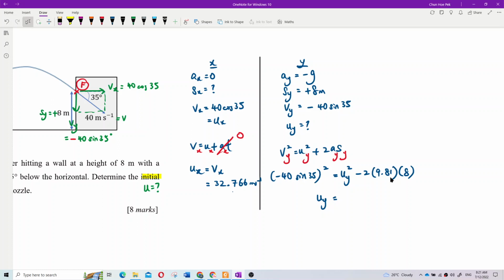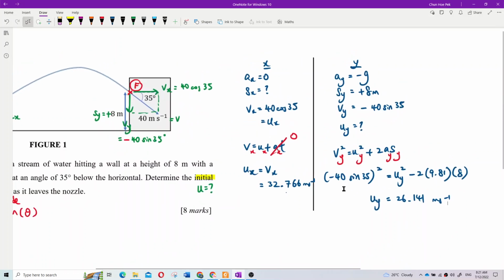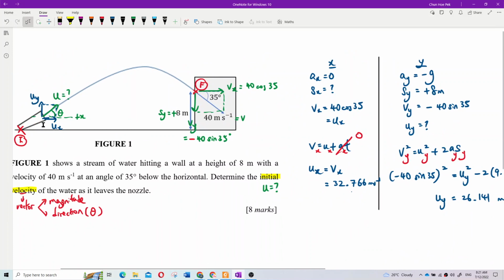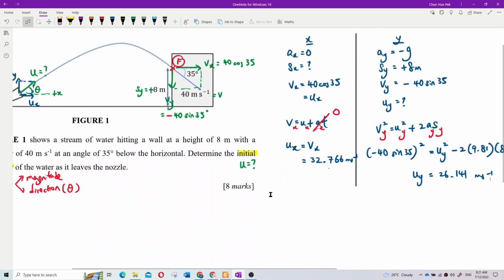Okay, so we get this, and then we square root the answer. I got 26.141 meter per second. Okay, so I got ux and uy already. So now I can find the u.